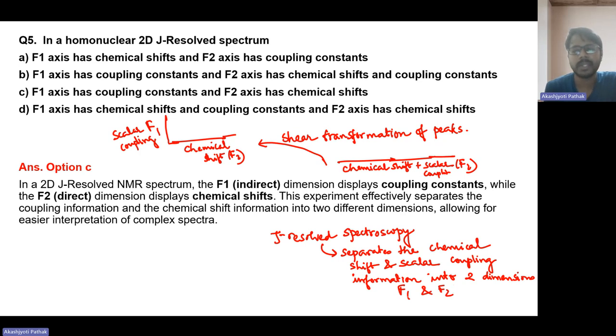In the F1 dimension, what will we get? The F1 dimension will have the scalar coupling information.